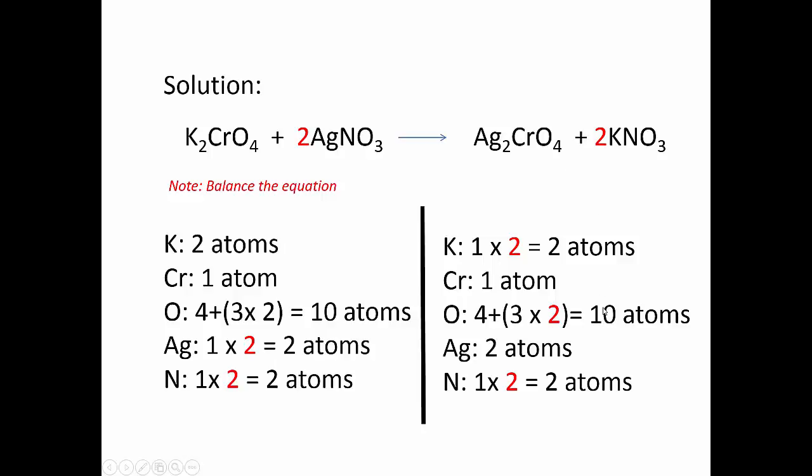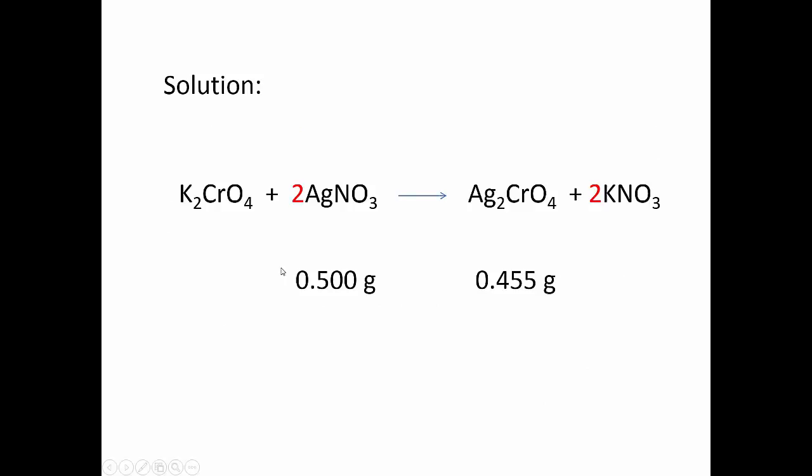Check if all the elements are now equal for both in the reactant and product side. Potassium, check. Chromium, check. Oxygen, check. Silver, check. And nitrogen, check. So, our equation now is balanced. This is now our balanced equation.